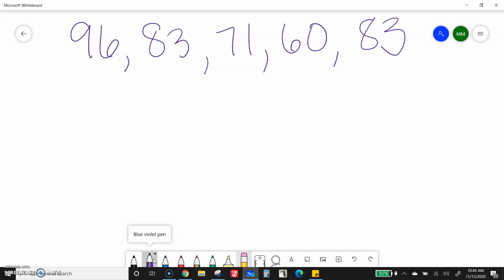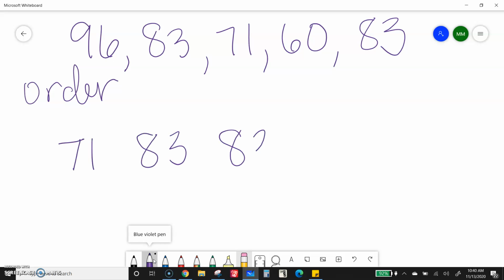So median, what do I do first? Put it in order. So I have 71, 83, 83. If a number shows up more than once, I have to write it twice. 96. Oops, I forgot 60. So I have to go back and put that at the beginning.